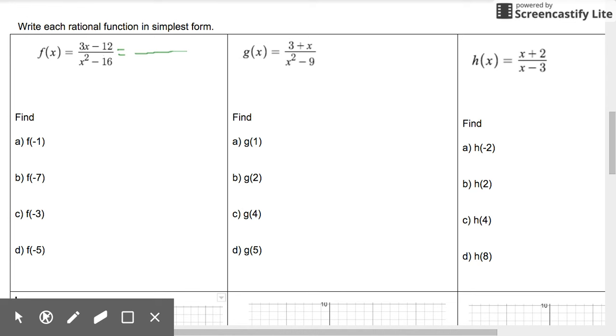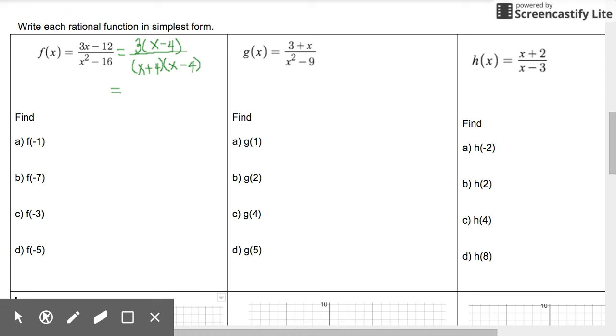So the numerator 3x minus 12 can be factored as 3 times x minus 4, while the denominator is a difference of two squares. So when we factor, we'll get x plus 4 and x minus 4.